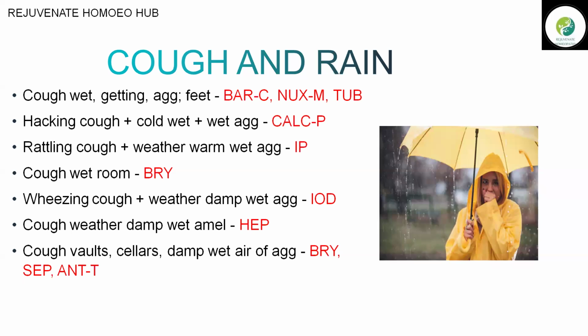That is Baryta carb. Hacking cough is Calcarea phos, and here you see the clinical tip of Calcarea phos. Whenever you see a child of the CP type, they are of prosperous constitution, long nails, long extremities with a very thin body, emaciated. And CP patients, you confirm one thing, they don't like eating rice.